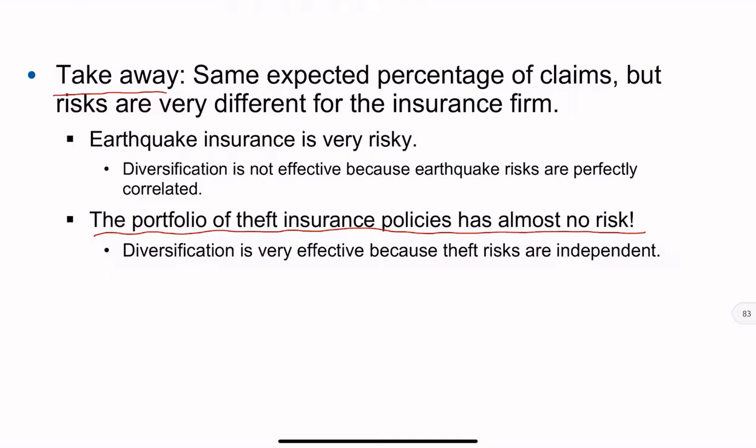So you have this very nice diversification benefit if theft happens independently among households. We will talk more about this diversification because I have not formally talked about diversification yet. And here we're just using this example to give you the basic idea of how you could get a diversification benefit.